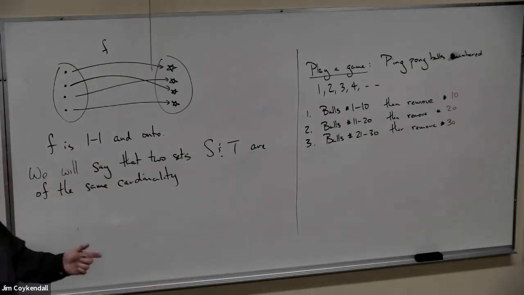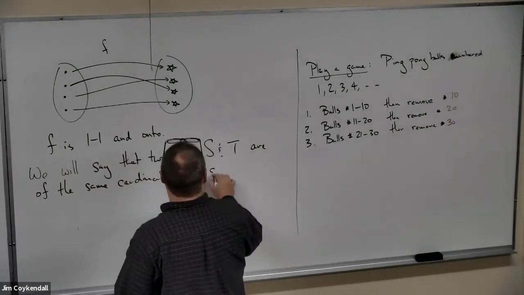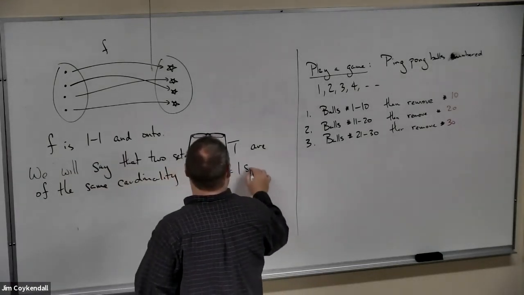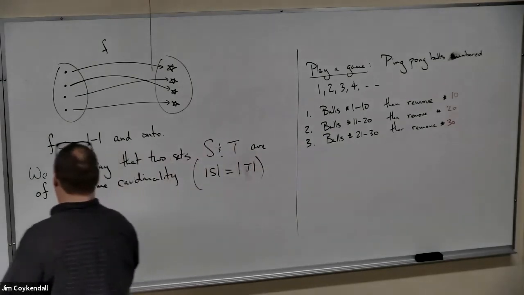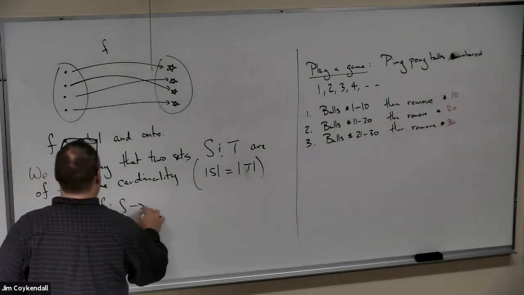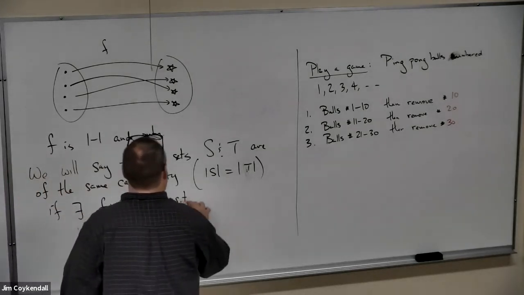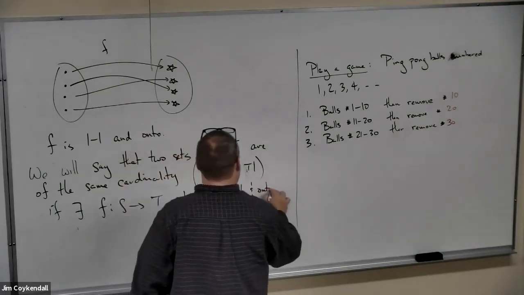That just means the same size, even for infinite sets. Sometimes we'll write it this way: if there exists f from S to T such that f is 1-to-1 and onto.